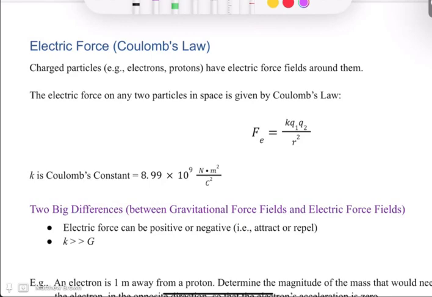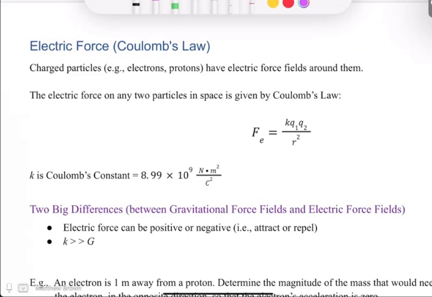Similarly, electric charges have these force fields around them. If you've got a charged particle, such as an electron or a proton, you're also going to have a force field around that. The electric force on any two particles in space is given by Coulomb's law.